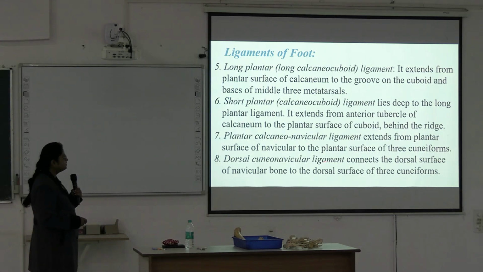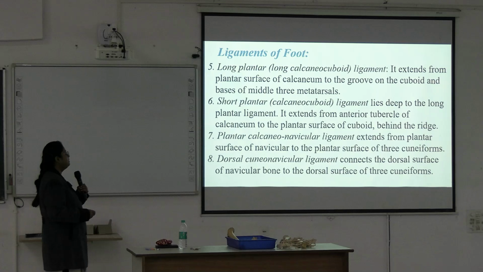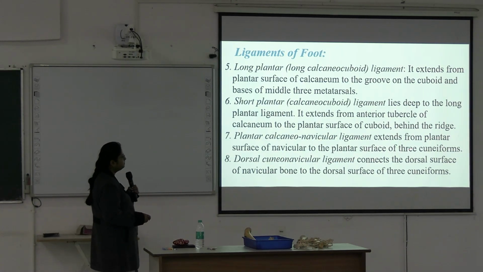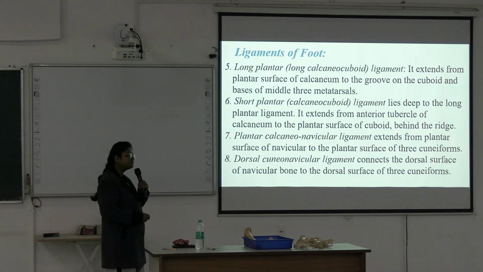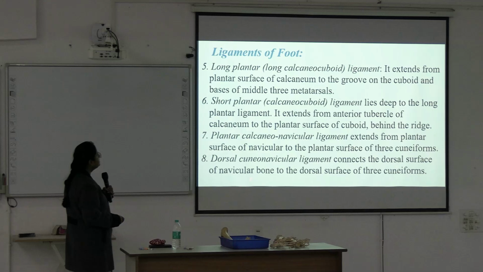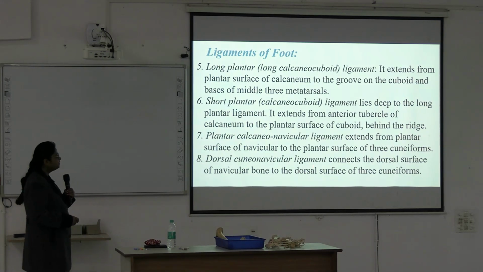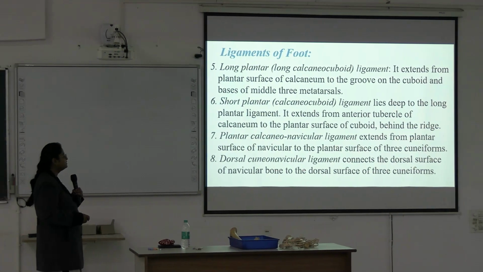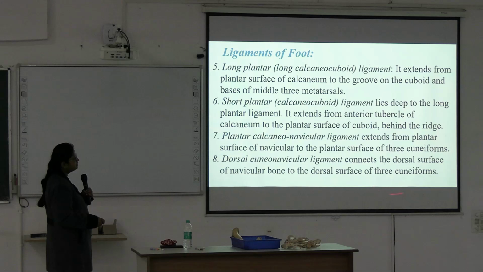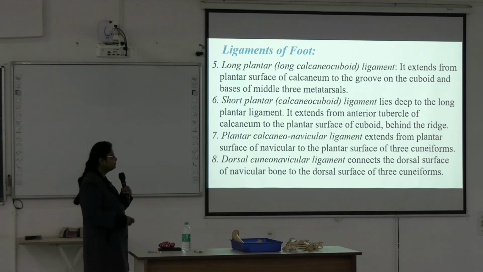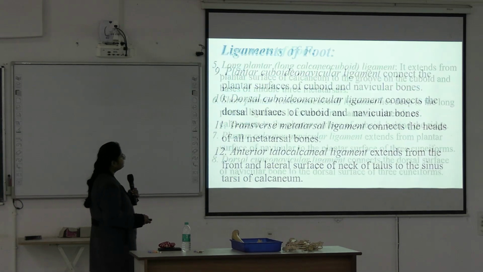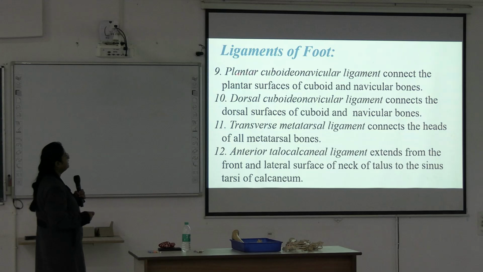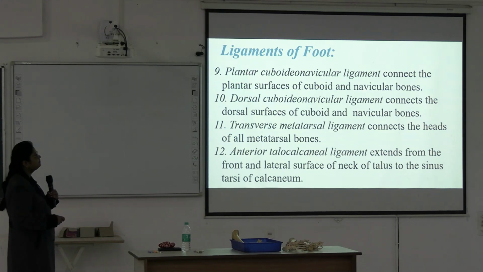Plantar cuneo-navicular ligament extends from the plantar surface of the navicular to the plantar surface of the 3 cuneiforms. Next we go to the dorsal cuneo-navicular ligament, which connects the dorsal surface of the navicular to the dorsal surface of the 3 cuneiforms. Next, plantar cuboideo-navicular.